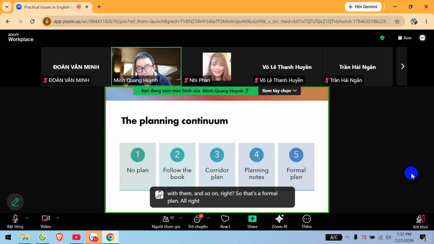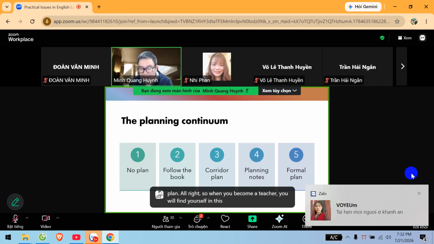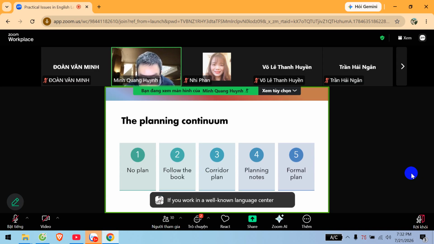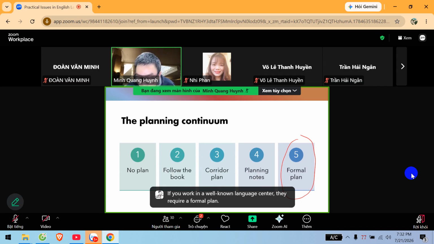All right, so when you become a teacher, you will find yourself in this spectrum of experiences. Maybe most of the time you will find yourself with number 5. You need to have a formal plan because if you work in a public school or a well-known language center, they require a formal plan. But sometimes maybe you got too busy and you don't have time to put in a formal plan.